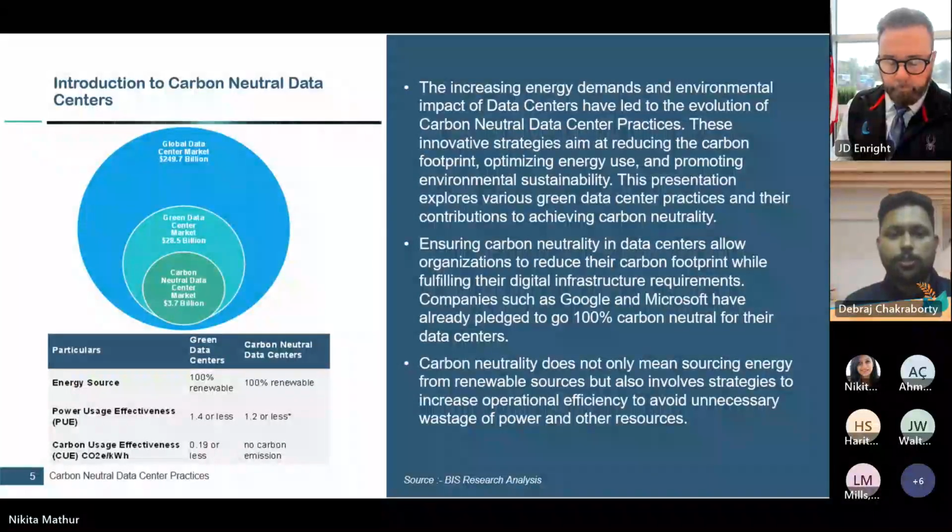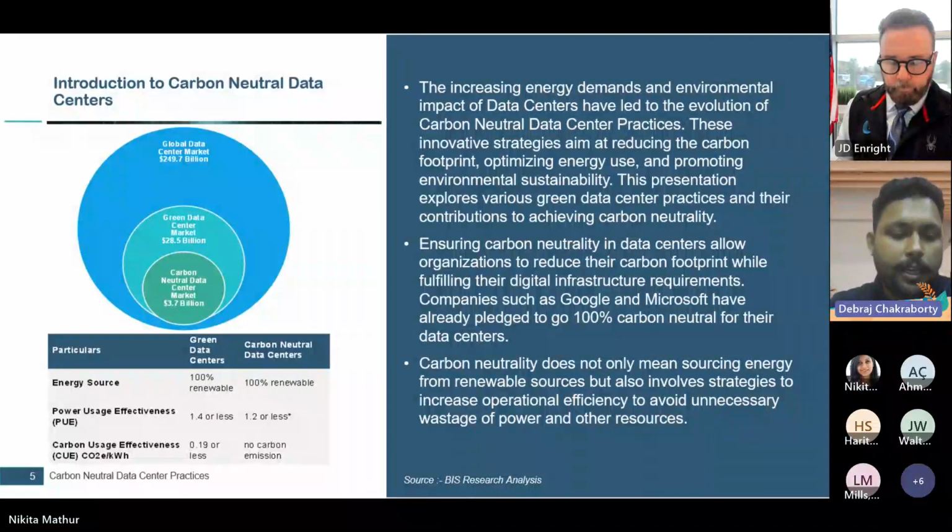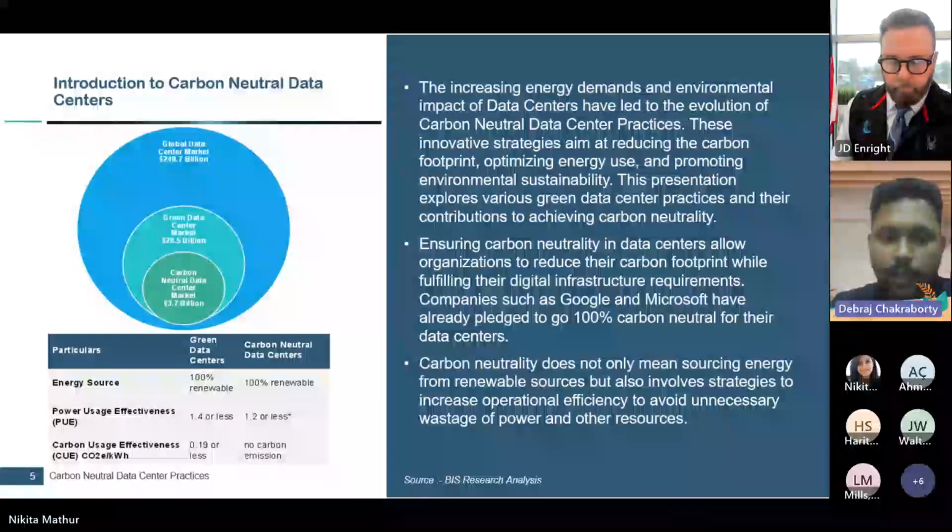So just to give you a small introduction to carbon neutral data centers, we believe carbon neutral data centers are data centers or buildings that are preferably carbon neutral in their operations. I mean, there are scope 1, scope 2, scope 3 emissions there. However, we stick to the definition of scope 1, where the data center is actually emitting anything.